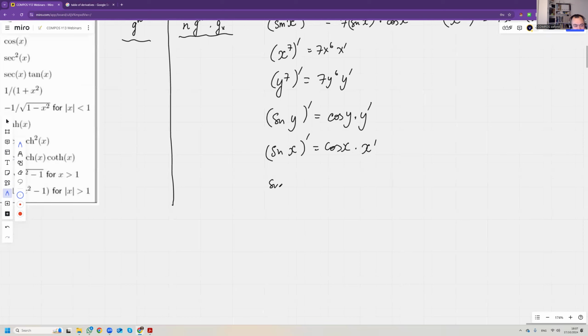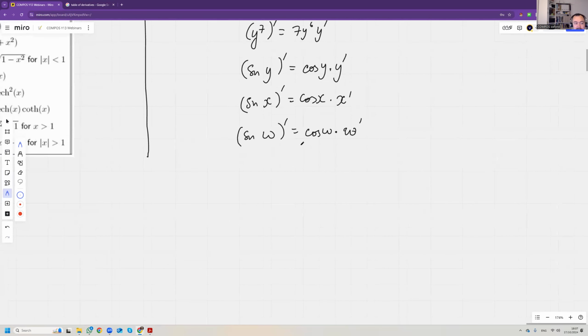Okay, so the derivative of sine omega is cos omega times omega prime. Of course, if omega is a constant, that means omega prime is 0. That's why this whole thing becomes 0.